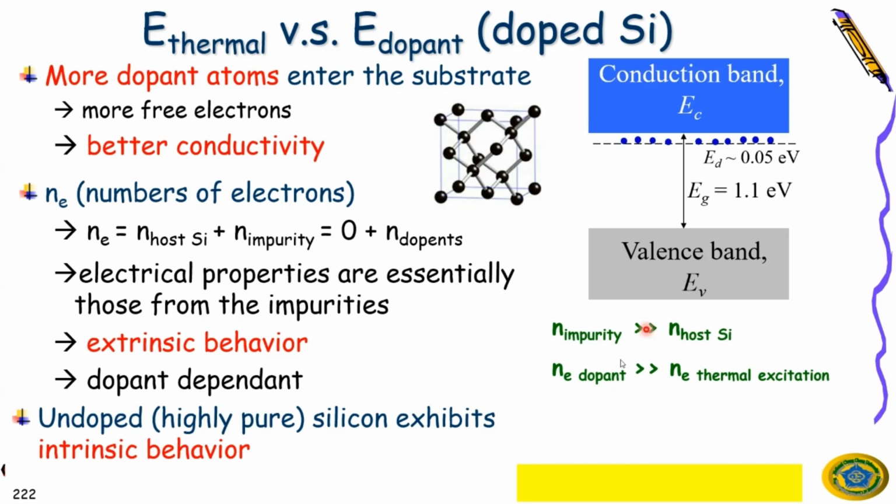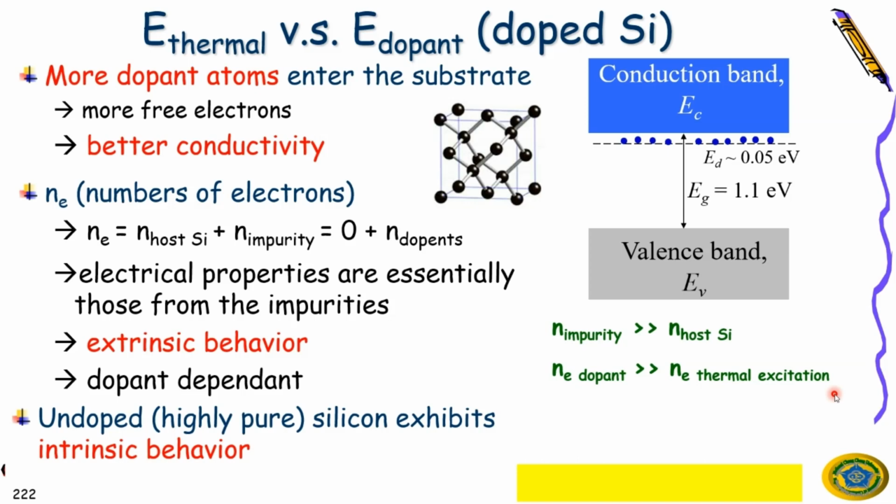And the number of electrons from the dopant is much more than the number of electrons from the silicon by thermal excitation. Thermal excitation is very little, right? It's 1 out of 10 to the minus 19.